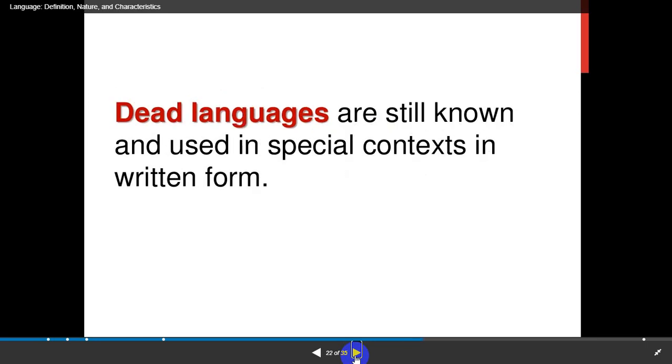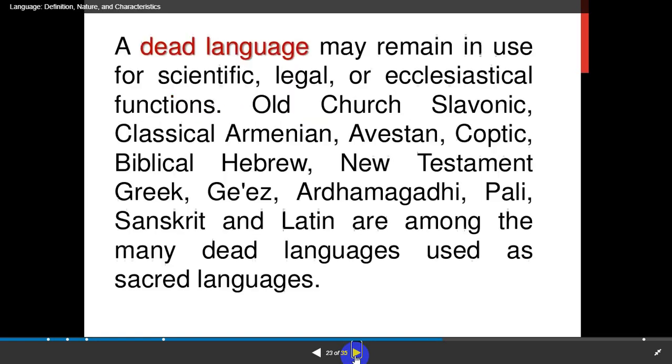Those languages are still known and used in special contexts in written form. Those languages may remain in use for scientific, legal, or ecclesiastical functions.